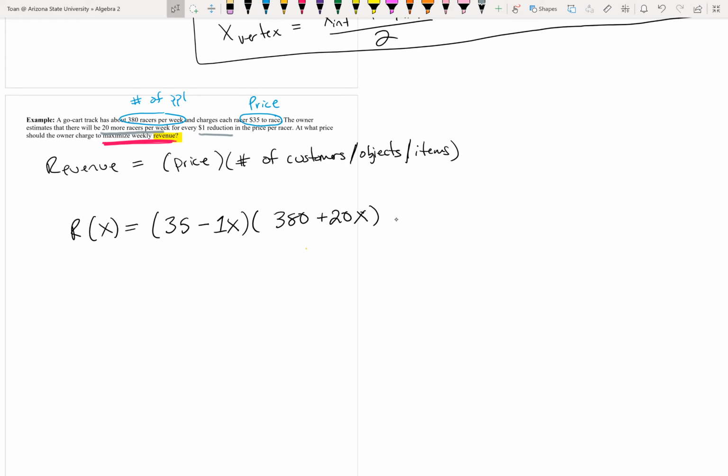So here's the idea of finding the x-intercept. You take each separate parentheses and separately set them equal to 0. So this one here, 35 minus x, I'll set equal to 0. And this one here, 380 plus 20x, I'll set equal to 0, and then you solve.